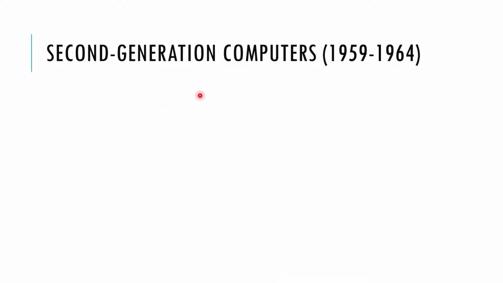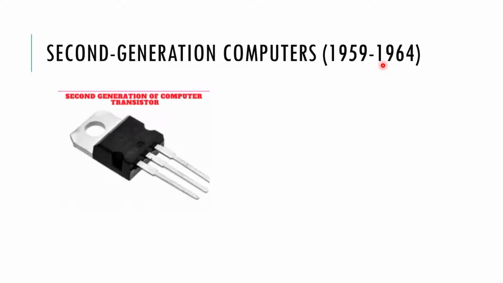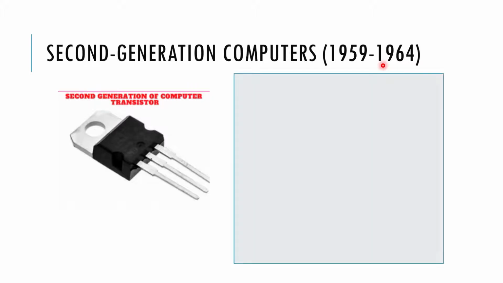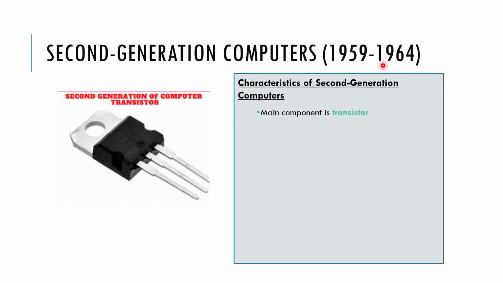Second generation computers. The period of second generation computer is 1959 to 1964. Now let us discuss some of the characteristics of the second generation computers. The main component in the second generation computer is transistor, which replaced the vacuum tubes used in the first generation computers.